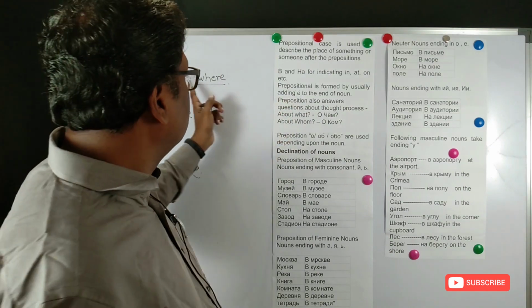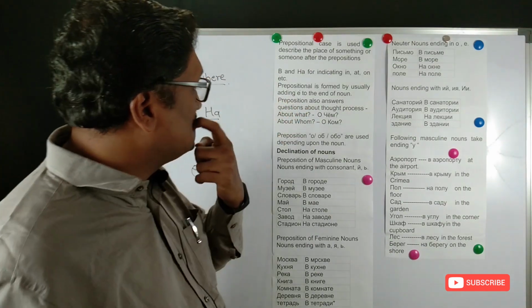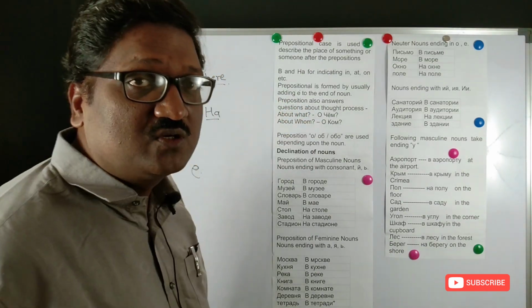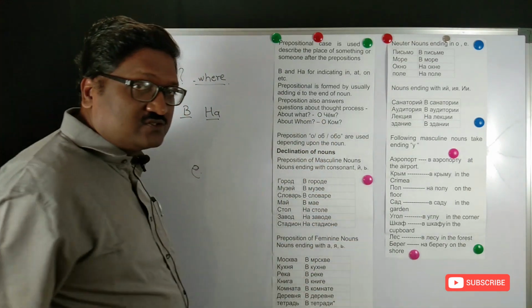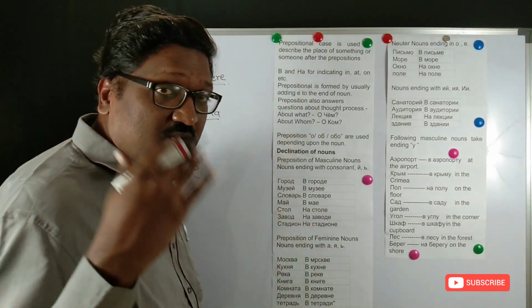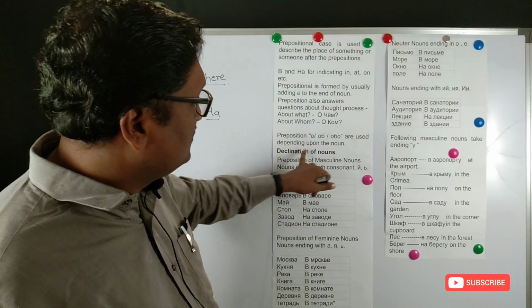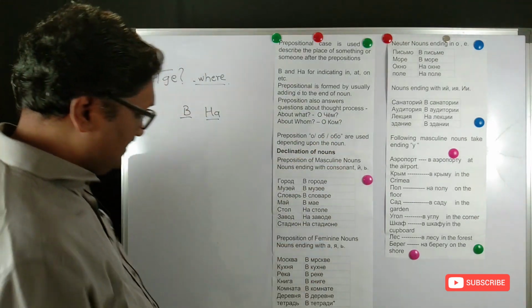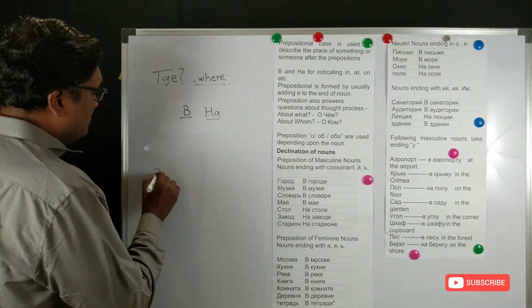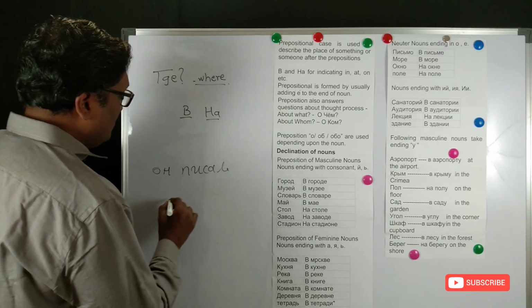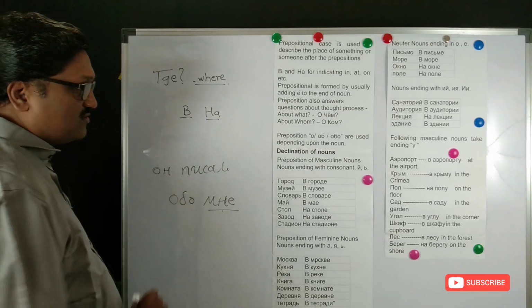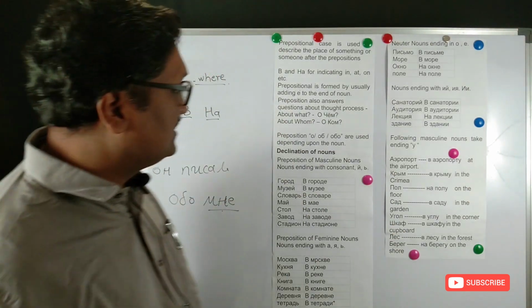And also the prepositional case answers the questions about what and about whom, for indicating the object of thought. About, okay, I am thinking about. О, об and обо are used depending upon the noun. Обо мне. Он писал обо мне. He wrote about me. So here a pronoun is there. Noun, pronoun, both are changing.